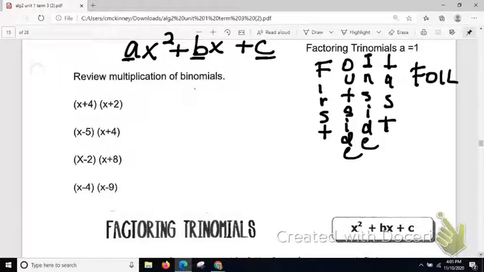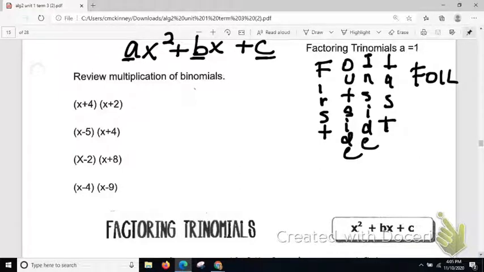Now, I want you to see something though. If these are just x's at the front, or whatever variable, then we can take a shorter route. I'm going to multiply this out the long way, and then I'll remind you about the short way.